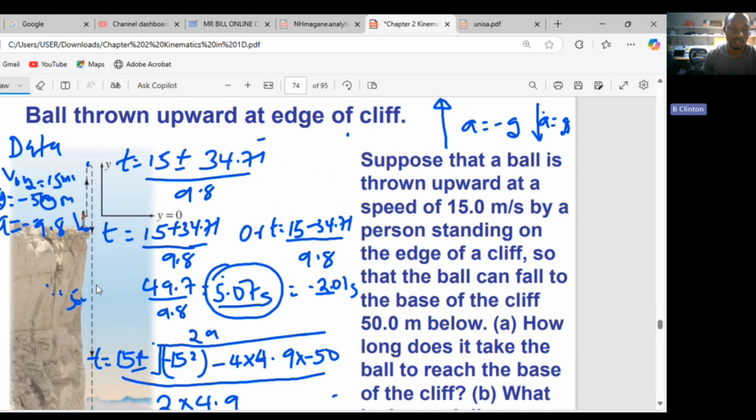So to get the total distance, we're just going to look at the distance from this point until it went up. We can multiply by 2 because it came back again. Then that distance we are going to add to this 50 so that we can know the total distance that the ball traveled. And let's proceed and calculate that.